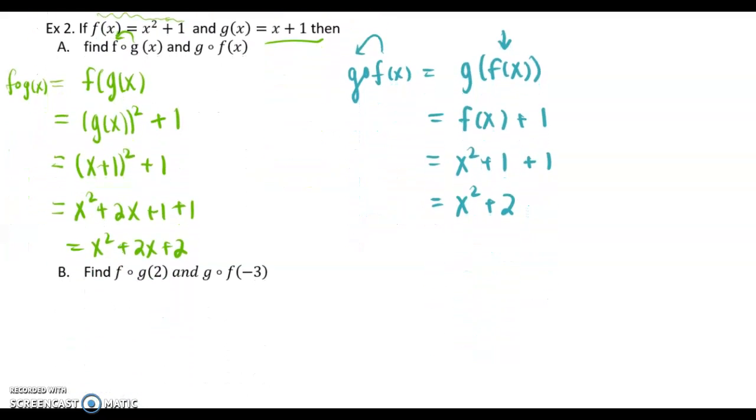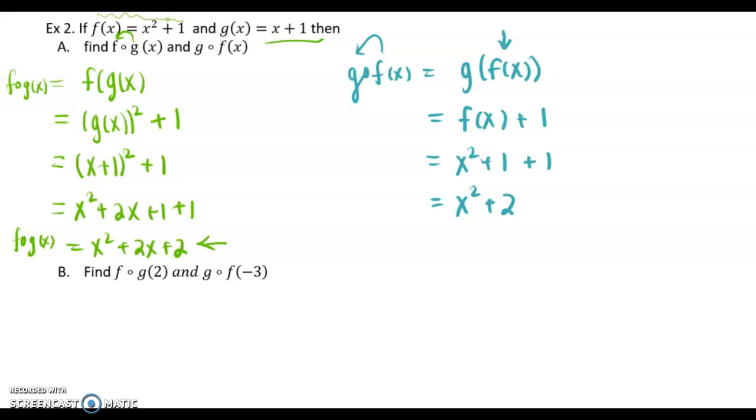And for part B, they're asking us to find f of g of 2. So that would be plugging in 2 into f of g. So here is f of g. We already found it, so all we have to do is plug in 2 in there.